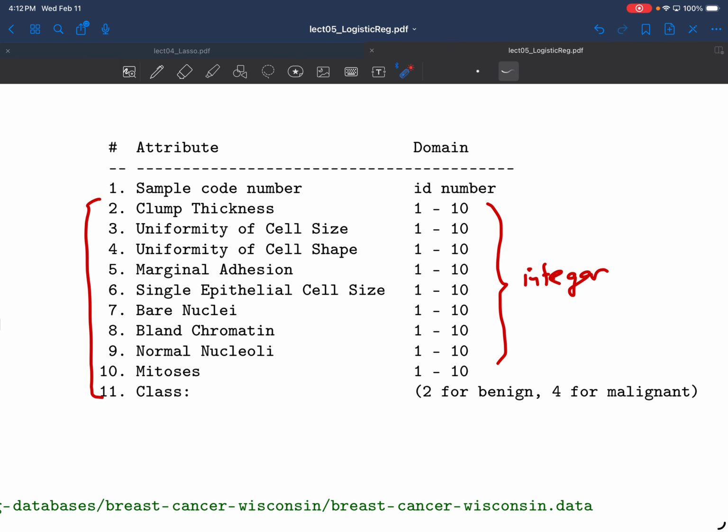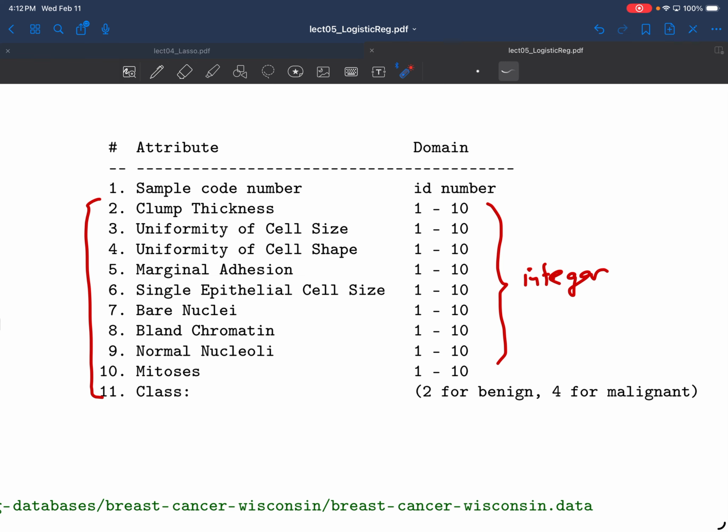So when we talk about clump thickness going from 1 to 10, we use the number. No, because I'm just measuring the thickness, right? And the thickness is like 1 is the thinnest, 10 is the thickest. So that's just a number. Exactly, this is ordinal.